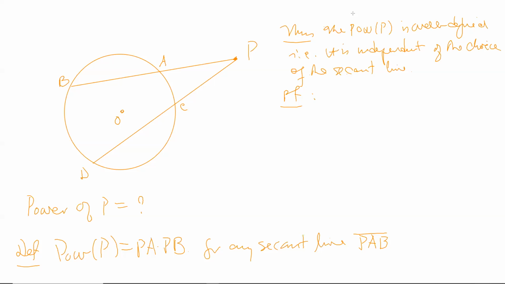Again, we need the similar triangles, yes? You could construct differently, but if you just do this one and this one, you see what happens? Since angle ABC is equal to what? Angle ADC.